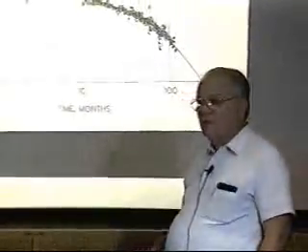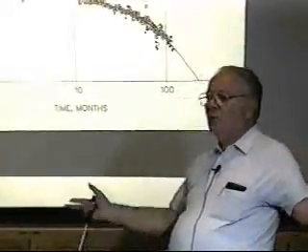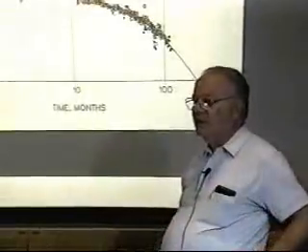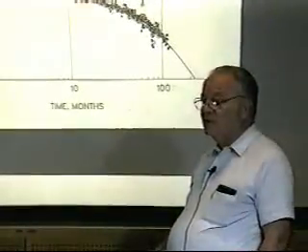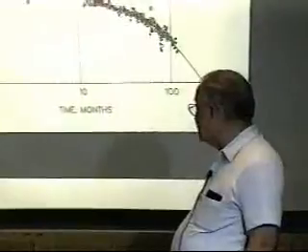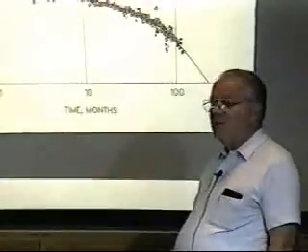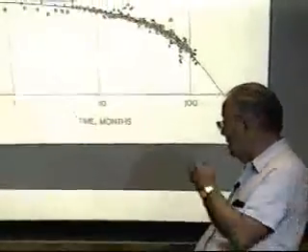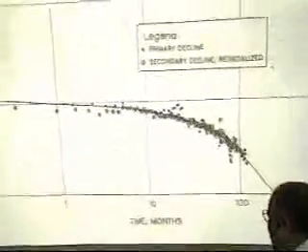I've left this out of a lot of my recent presentations, but I ran across this because I was preparing to come over here. I had to go through all my overheads and try and get them all together for the various topics I was going to discuss, and I ran across this one that I'd failed to use earlier in some of my presentations.